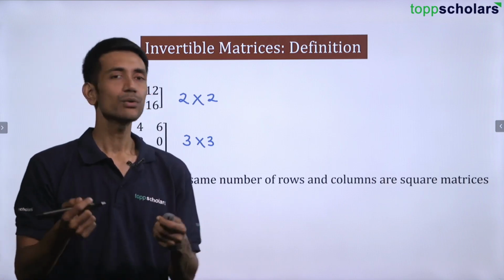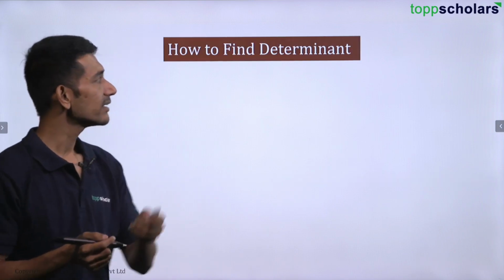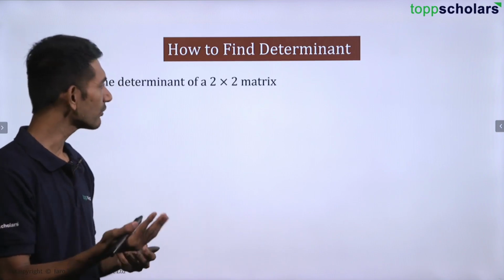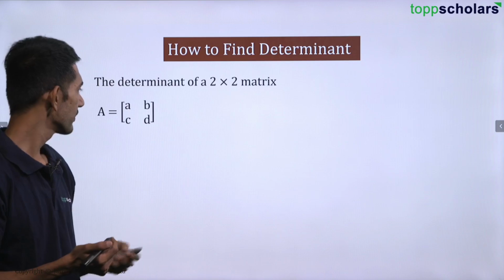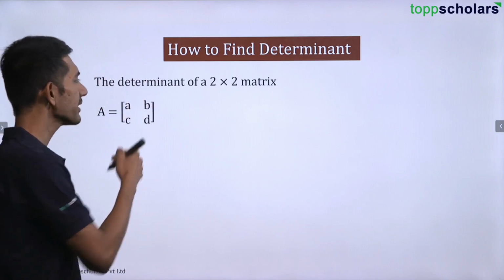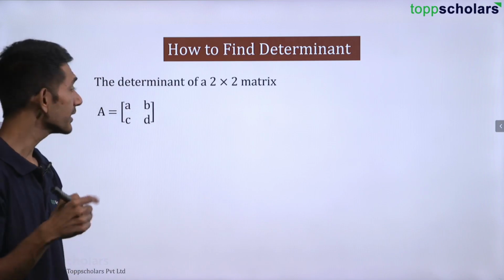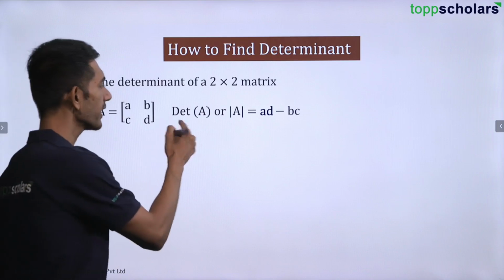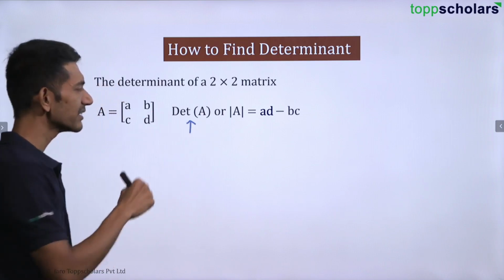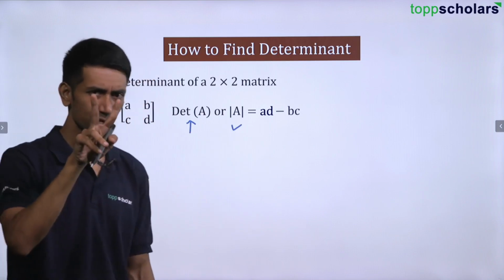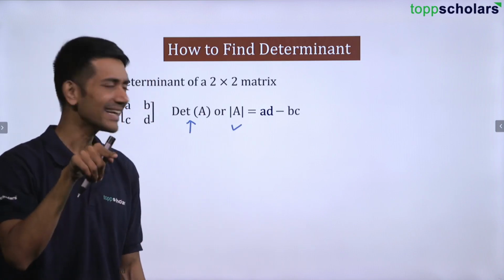Now let us begin with a new concept, that is to find the determinant of a matrix, that is a 2 by 2 matrix. Suppose we have a matrix A, B, C, D, and we are supposed to find out the determinant of this. How do we do that? Determinant of A is denoted like this, or in simple terms, we write down two lines and A in the middle.